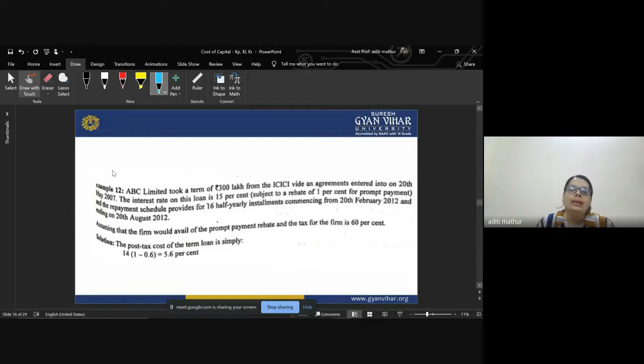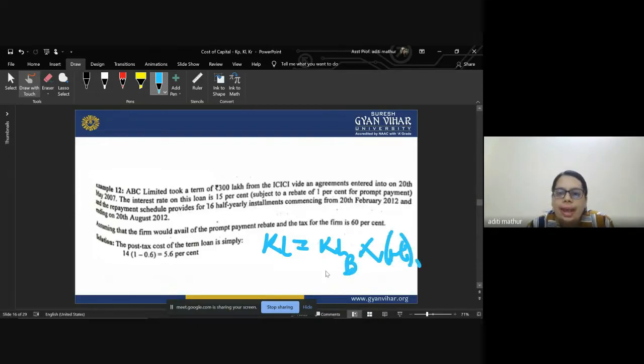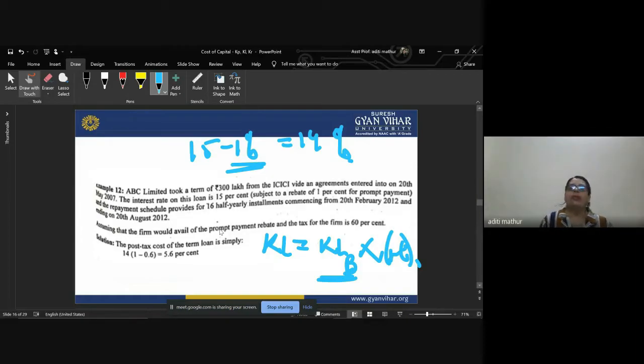So they are saying let us assume that the firm will be availing the discount of 1%. Now let us calculate the cost of loan. We have to calculate it after tax. That's why our KL will be equal to KL before tax into 1 minus t. So KL before tax is equal to 15 minus 1%, which is 14%. Why have we deducted 1%? Because we have assumed that we will make prompt payment and we will be able to get the advantage of the 1% rebate which the bank is offering us.